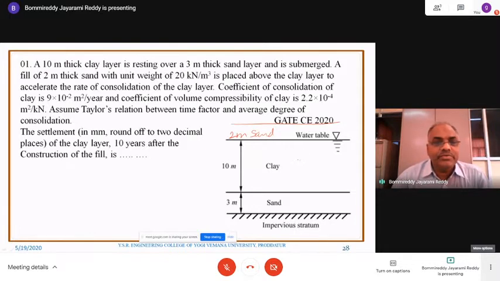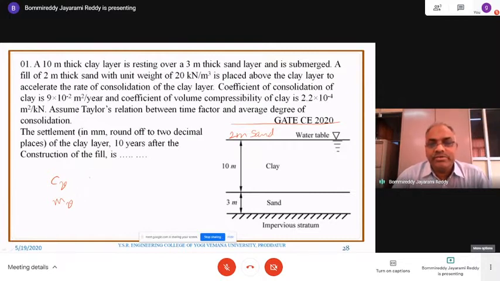The coefficient of consolidation of clay, CV, is given, and the coefficient of volume compressibility, MV, is given.